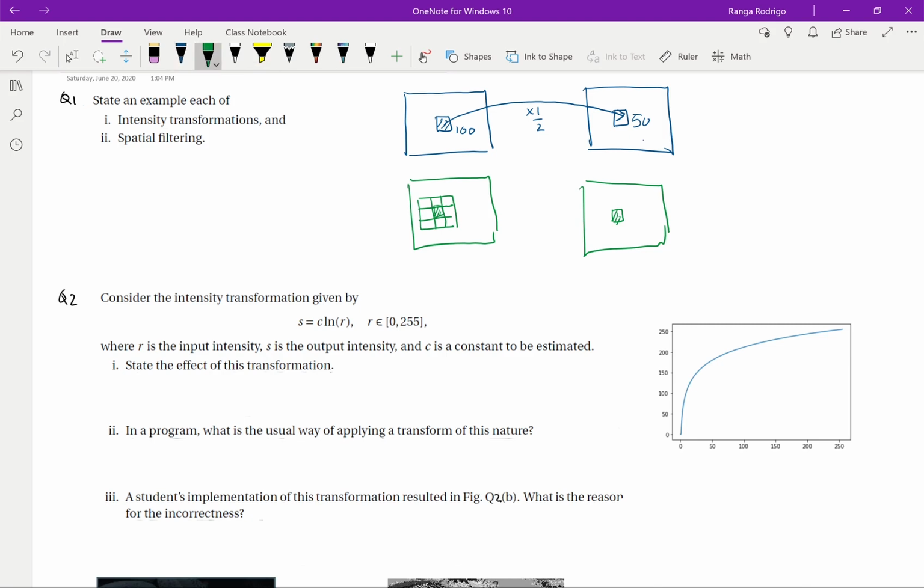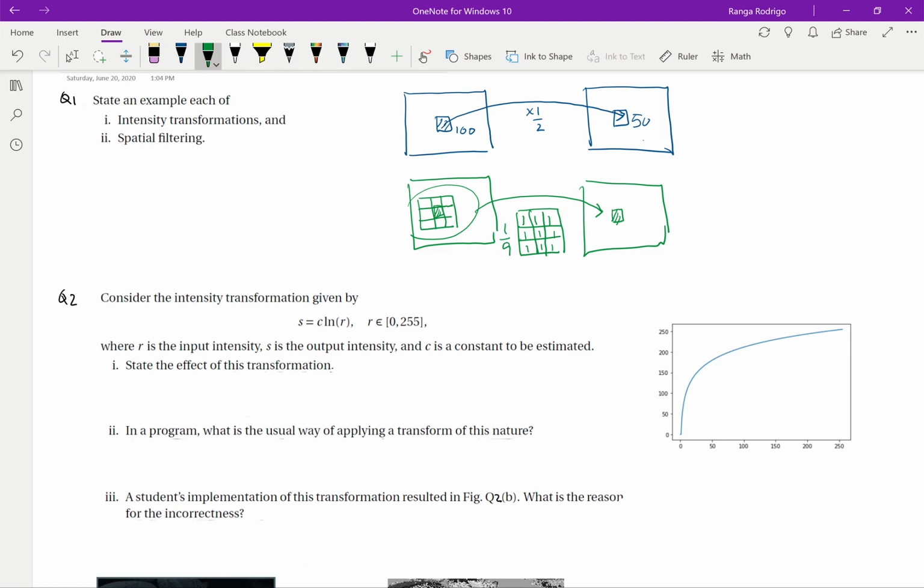Now, in this case, let's consider this operation is an averaging operation. So we have to consider a 3 by 3 kernel because the input neighborhood size is 3 by 3. So let's consider all ones and 1 over 9. I could have written 1 over 9 in all the cells.